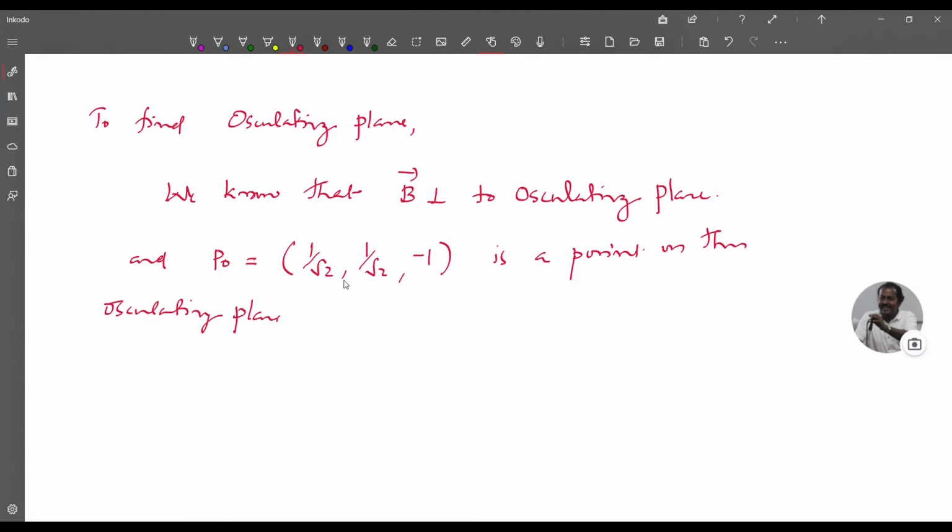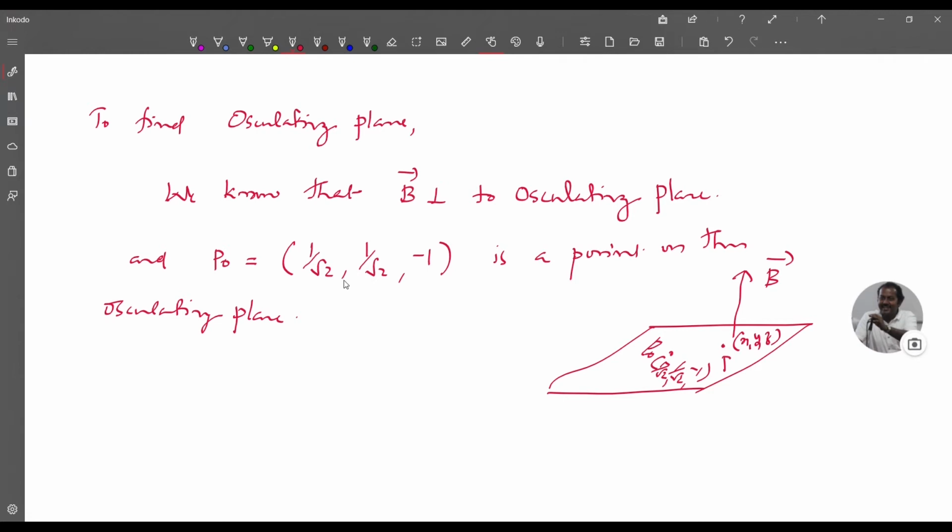So this is the situation. You have a plane like this, and you have a point P naught, 1 by root 2, 1 by root 2, minus 1, and you have a vector perpendicular to this. So this is B. Now you consider a point x, y, z on the plane.